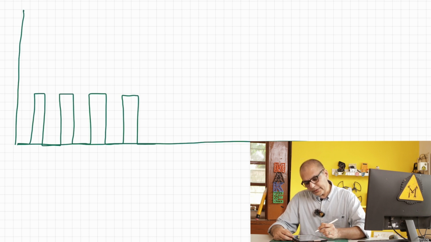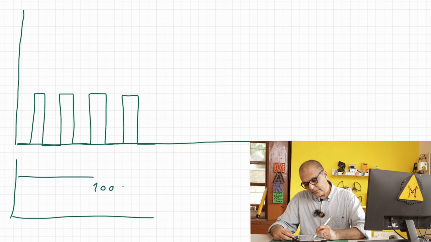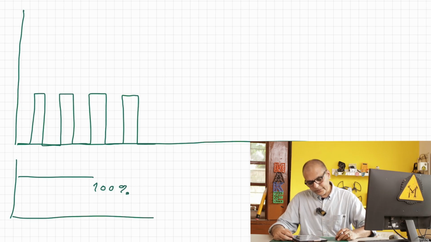So if you assume that this voltage is high all the time, then that's like 100% output, right?